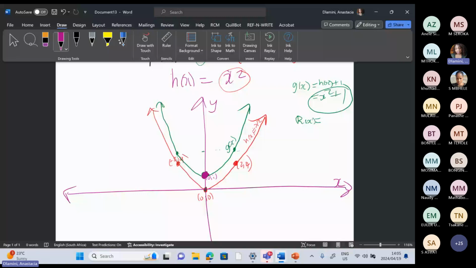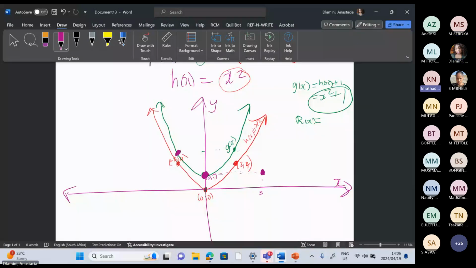So the x value 3 is here, the 1 is here. Now this value here, what will it be?